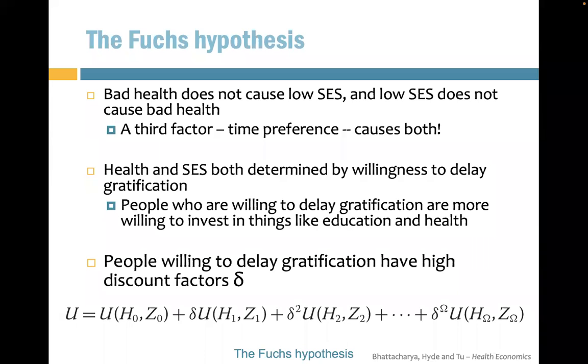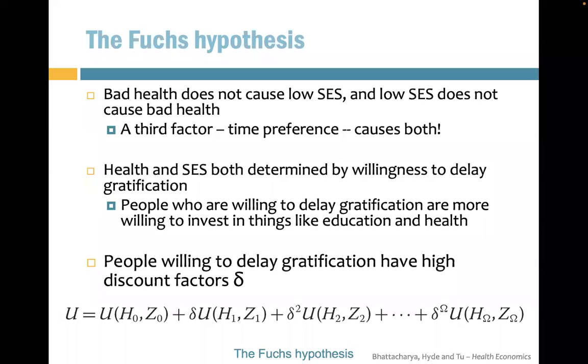It's a third factor, time preference, that causes both. Fuchs believes that some people value today's money much more than tomorrow's. So then they value today's utility much more than tomorrow's. Then they will not do a lot of things to maximize tomorrow's health or tomorrow's return. They want to have all the fun today.